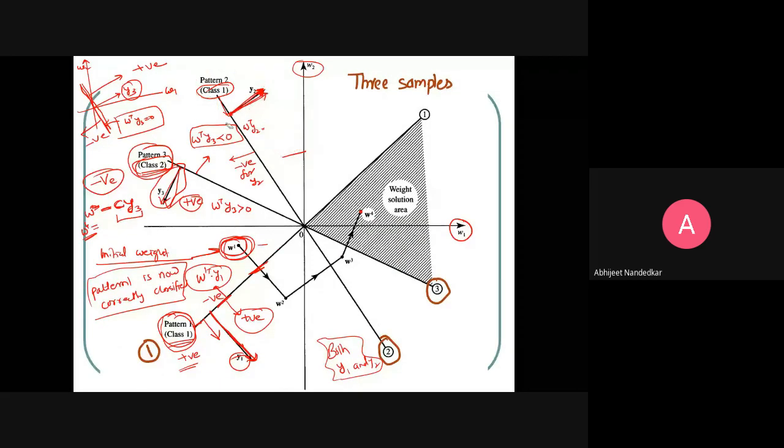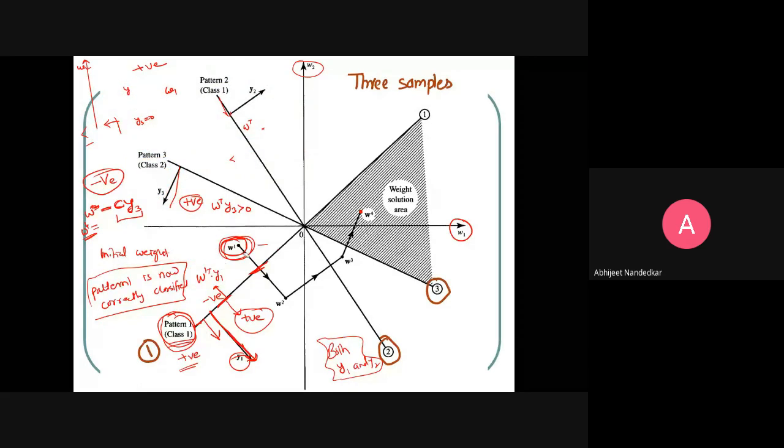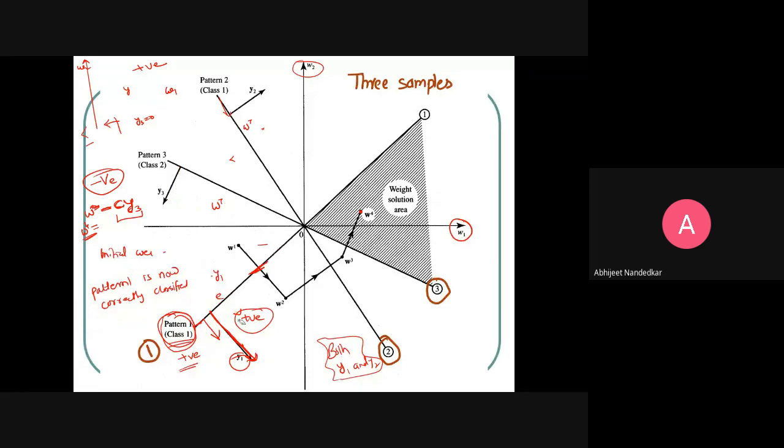So let us see if everybody is satisfied. Now if I take y1, it is saying go this side. If I take this weight, it is obviously in the right position.